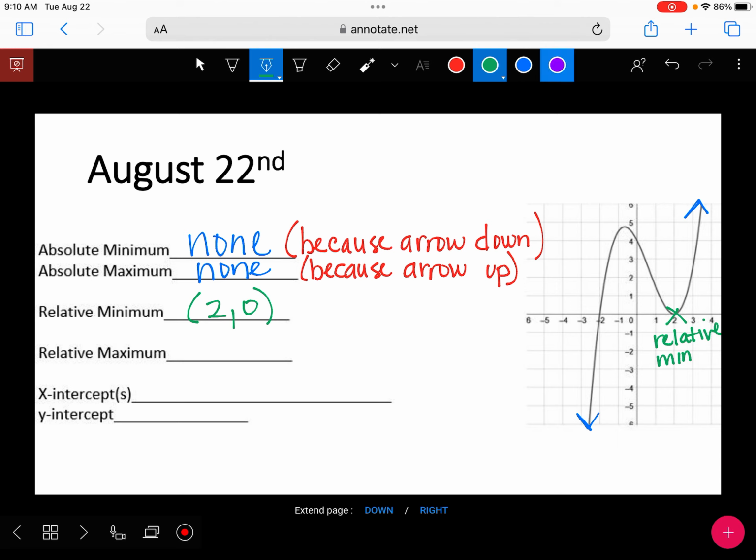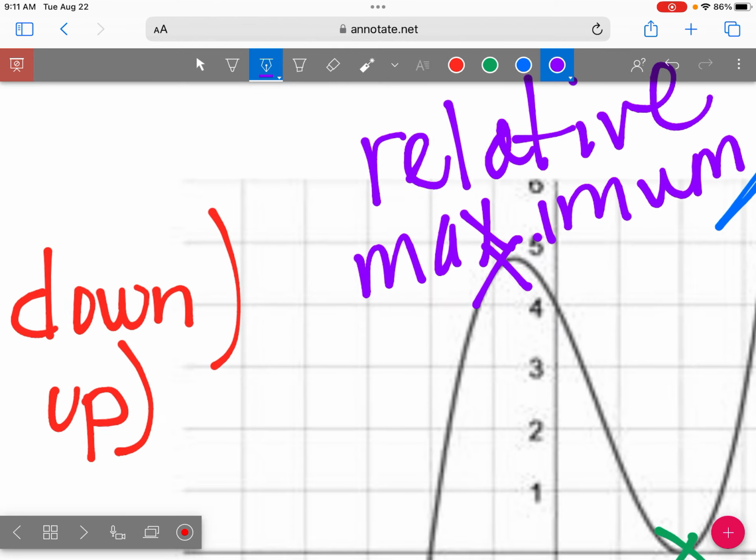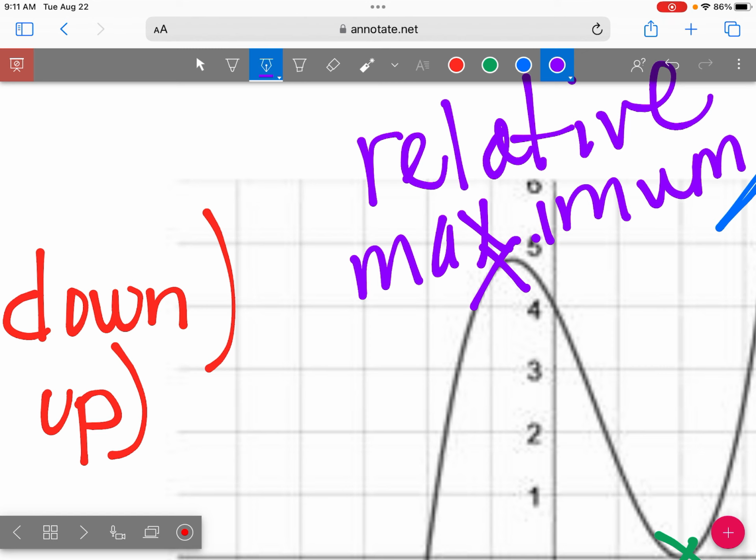And then we also have a relative maximum right here. And if I zoom in, that looks like that's about -1.5.